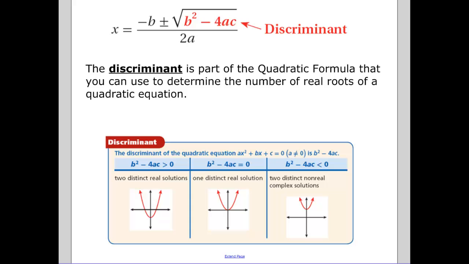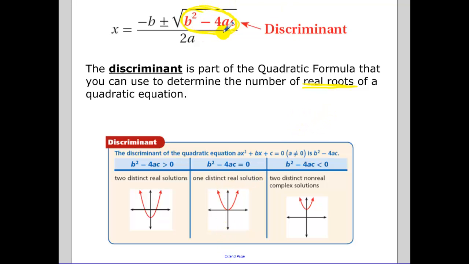There's a special part of our quadratic formula that's called the discriminant. And the discriminant is this piece that's underneath the radical. And that tells us the types of solutions that we have. Okay, used to determine the number of real roots or real solutions. Okay, so let's look at that.